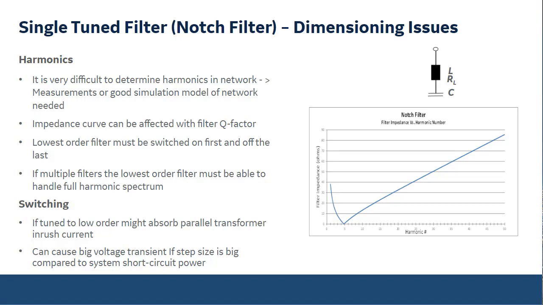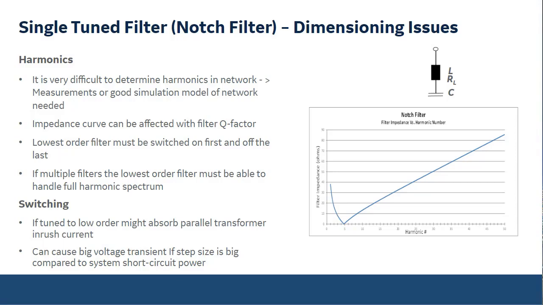Switching, same as with the detuned filter, if it's tuned to a very low order, it might absorb the parallel transformer inrush current. So then again, something to also consider. If it's a second filter, which is the case in some applications, you might need a second filter there so you would fulfill the grid code requirements.